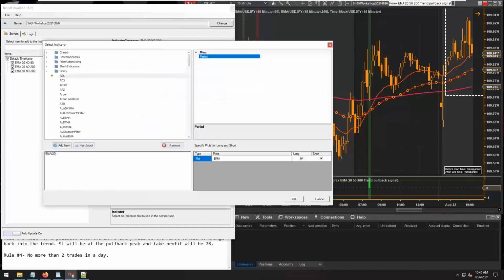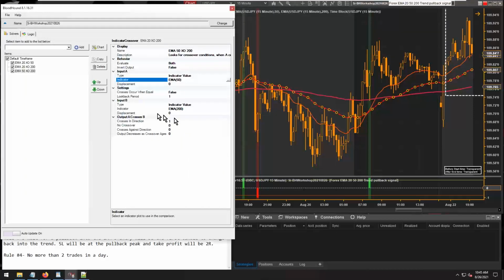Just go in there and adjust the period. And there we go. So there's our 3 different crossover conditions, right? The 20 crossing the 50, the 20 crossing the 200, and lastly, the 50 crossing the 200.